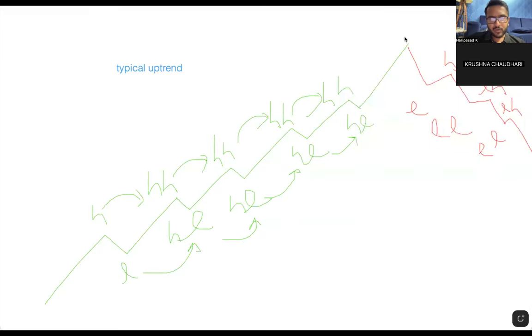Just like I mentioned, maybe I saw that it is in a typical uptrend. That is what this zoomed out view is going to help us with. So I see that the charts are in a typical uptrend like this with a zoomed out view.